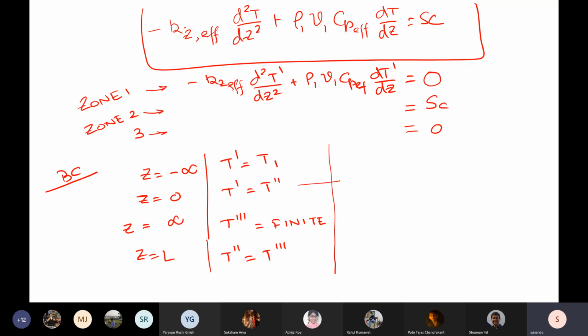So at z equals 0, I write K effective, dropping the effective just for convenience of writing, K dT2 by dz, and for z equals L, same thing. So continuity of temperature and continuity of the heat flux.